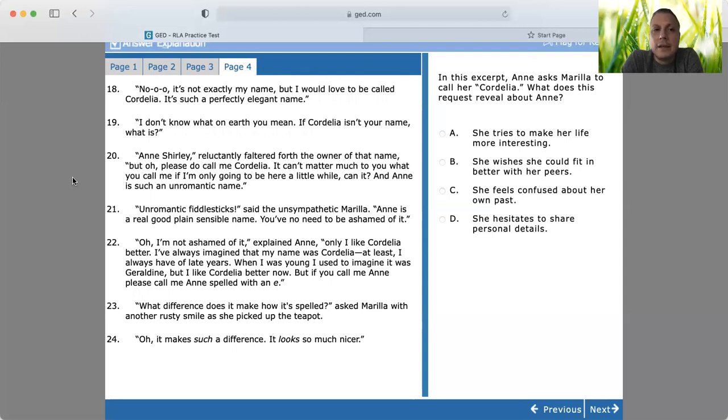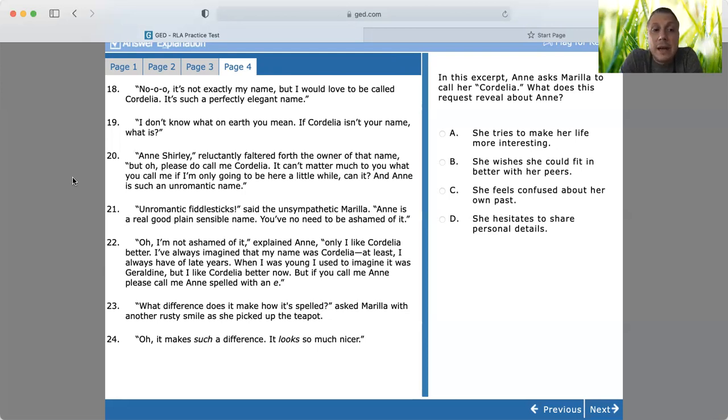"Anne Shirley," reluctantly faltered forth the owner of that name. "But oh, please do call me Cordelia. It can't matter much to you what you call me if I'm only going to be here a little while, can it? And Anne is such an unromantic name." "Unromantic fiddlesticks," said the unsympathetic Marilla. "Anne is a really good, plain, sensible name. You've no need to be ashamed of it." "Oh, I'm not ashamed of it," explained Anne.